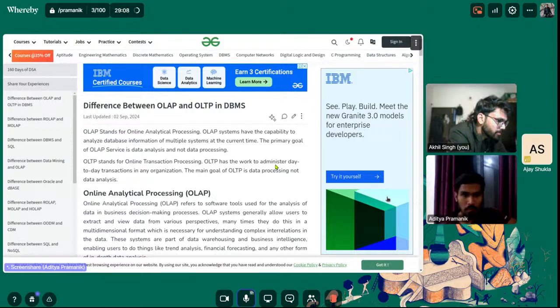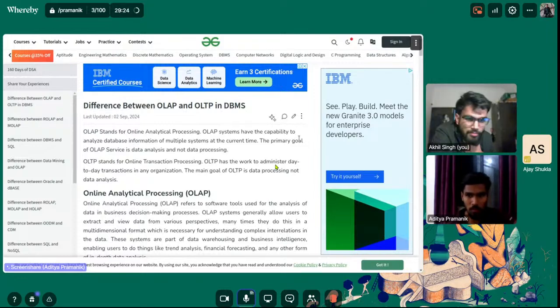No problem. So on the high level, like Akhil said, I have also gone through the definitions of this. By the definition, at a high level, I guess OLTP includes transactions. Transactions basically point to relational databases which support ACID transactions, like MySQL and whichever relational databases support transactions.